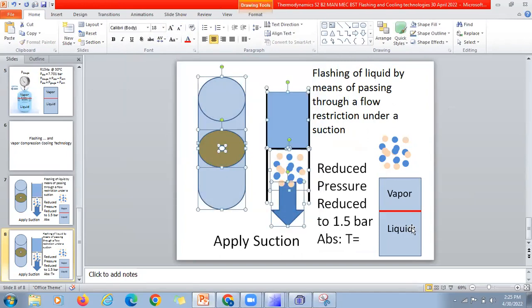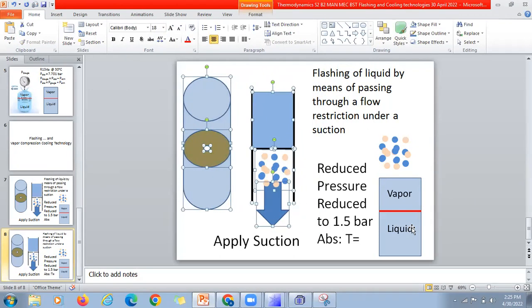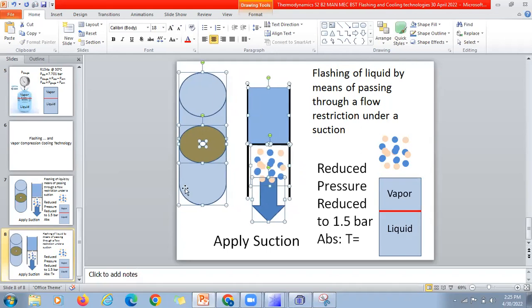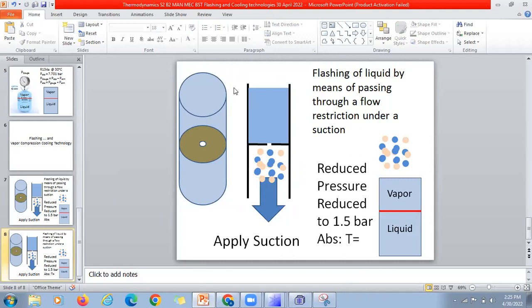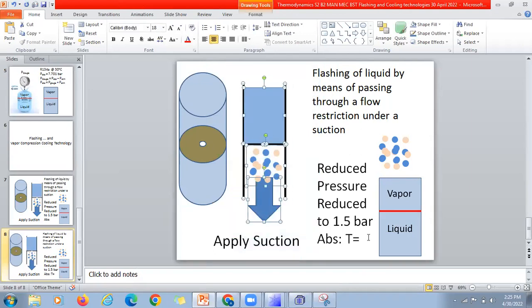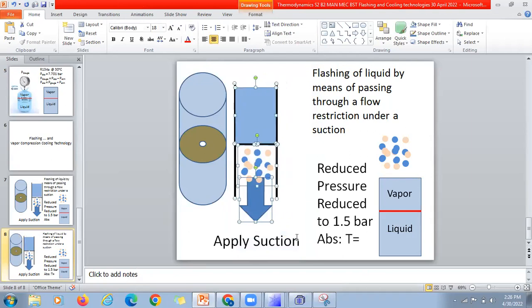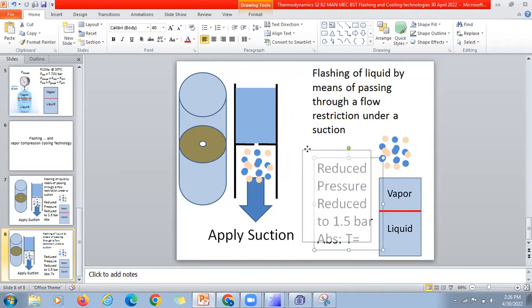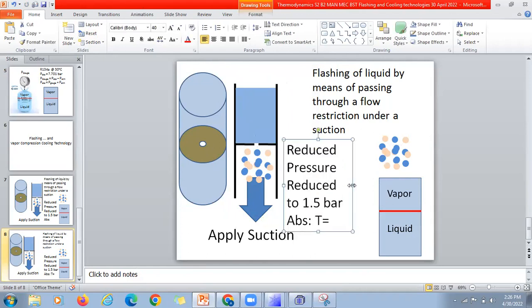Because if you do not know the type of liquid, we cannot comment on pressures unless they are measured. Therefore, let's say this is R134a.